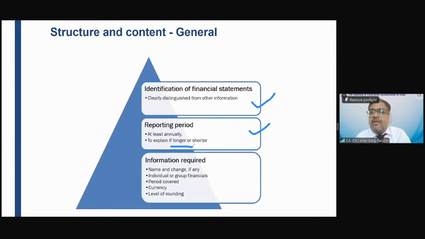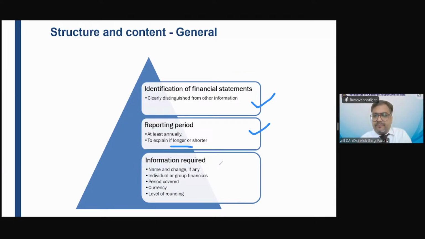Or when your reporting period could be longer. For example, the company was incorporated in January, so you are allowed to present the 15-month financial statement. I mean to say, let's say January 25 to March 26. Okay, you are allowed. So in that case, the financial statement period will be longer than 12 months. So why it is longer or shorter, you have to define.